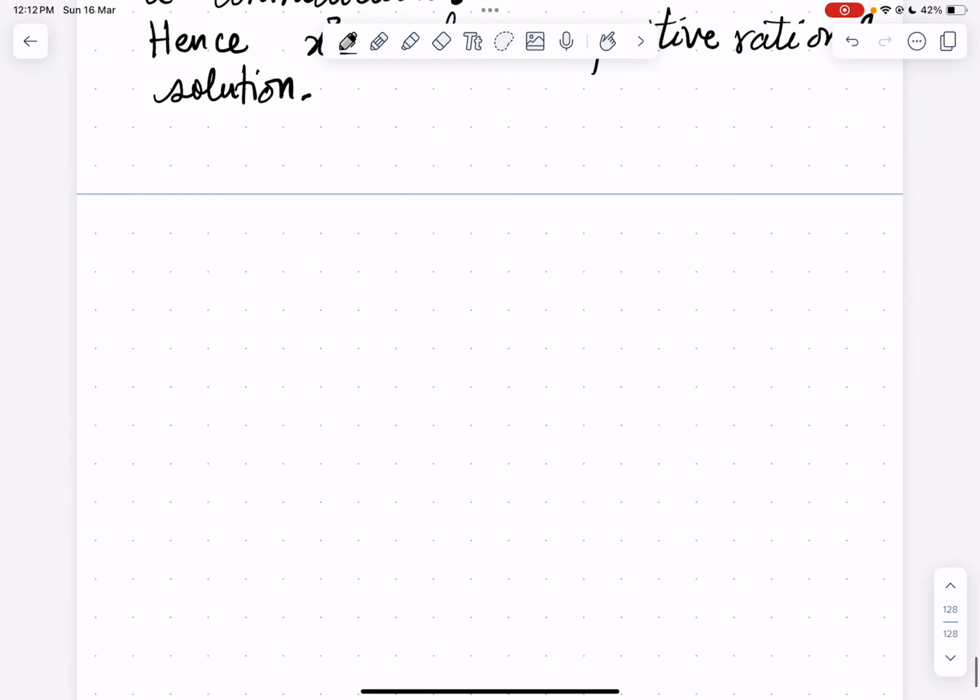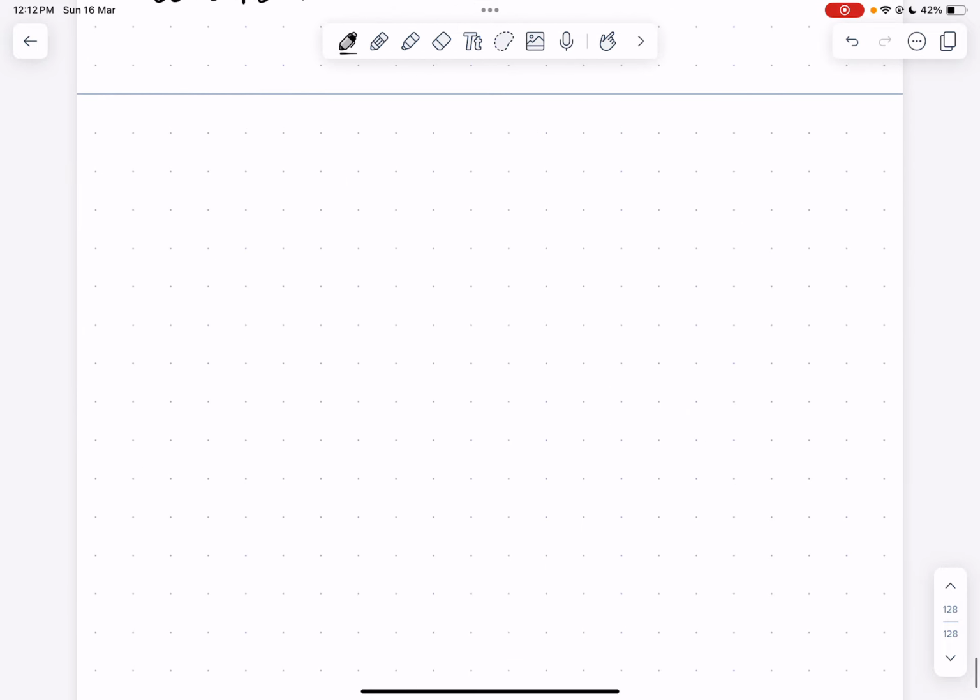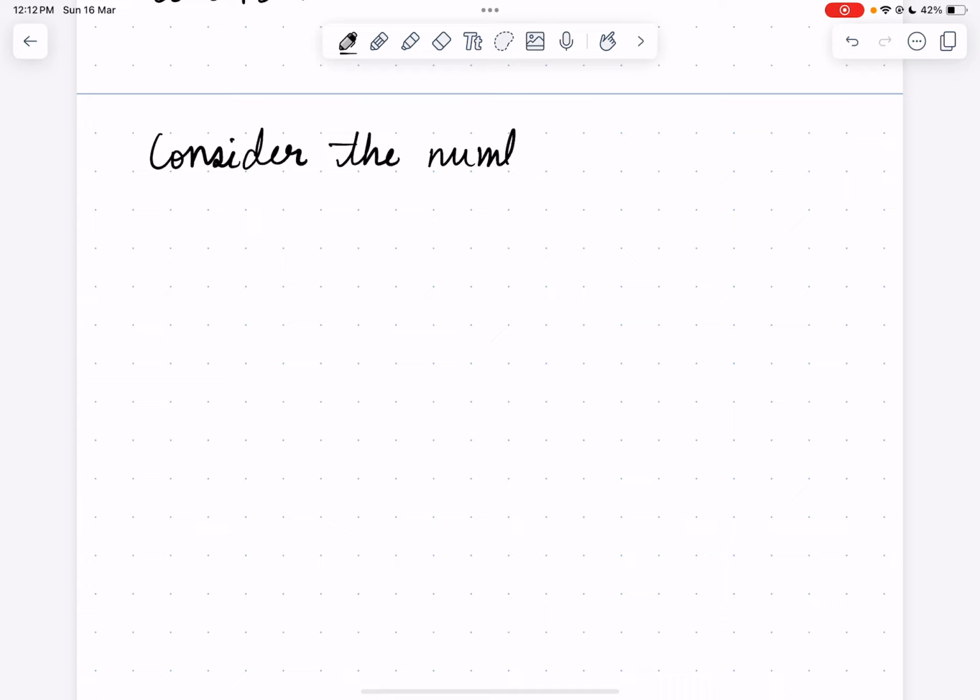Now let's continue. Consider the number line.